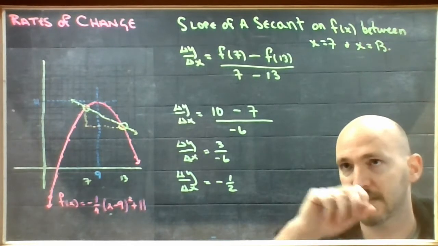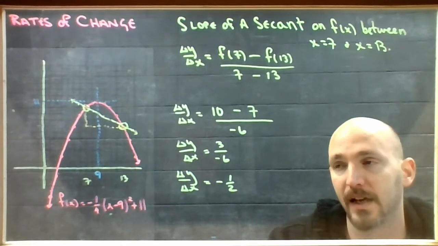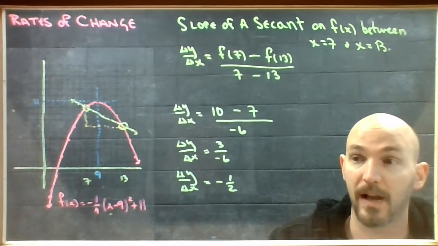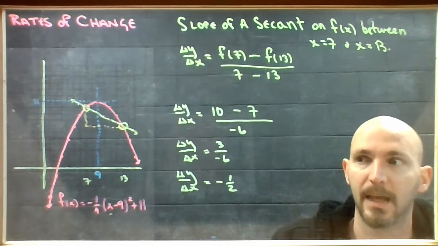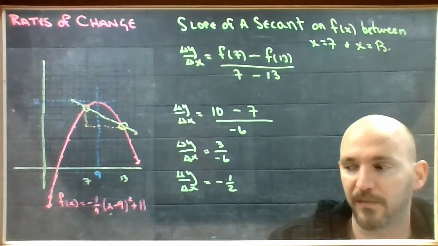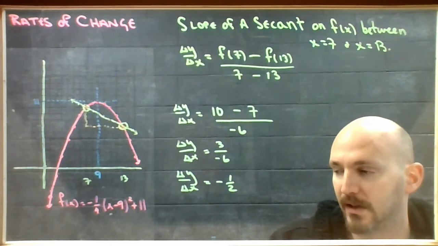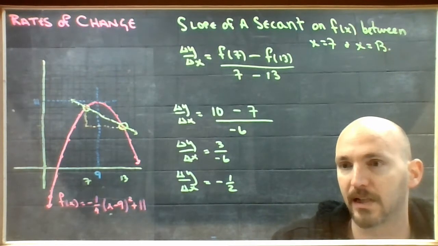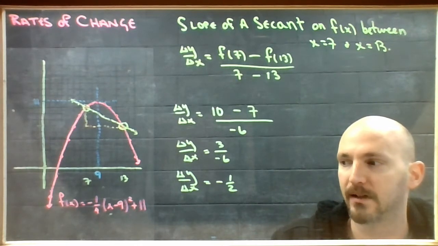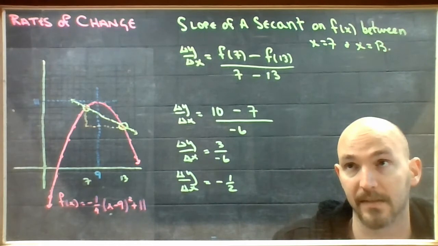So I need to take this function then, and I'm going to try and get the value of the slope of the parabola when x is 13 by creeping up slowly with the other point. Now if you can think back a few weeks to an operator that allowed you to creep up on a value but not quite hit it, that's what a limit is.